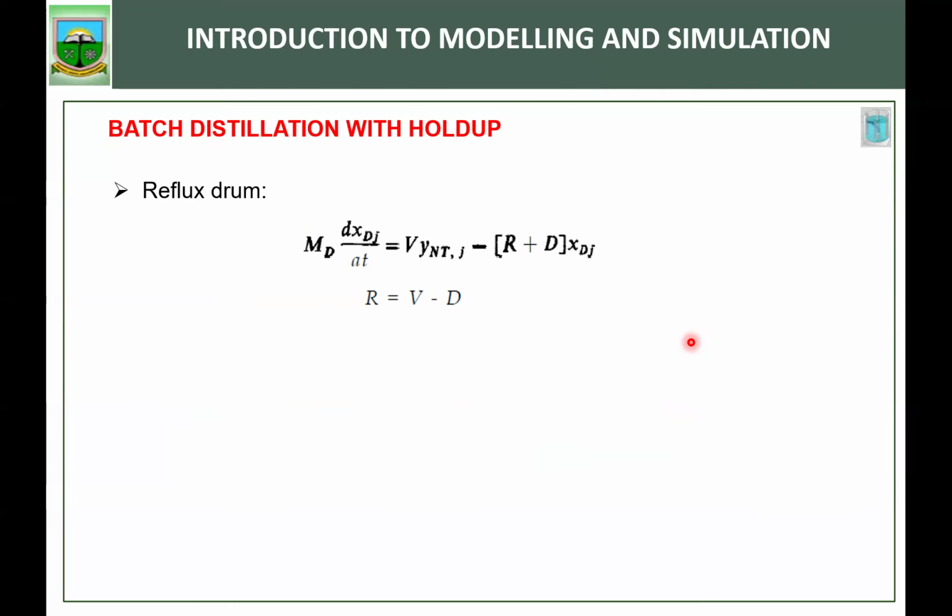Then we went further to talk about the individual component mass balance for a batch reactor, and then also we wrote the energy balance for a batch reactor. Then we went forward to establish the equation for a semi-batch reactor. And then we also established another one for a batch distillation with pull-down. So all these equations we've established are for batch processes.